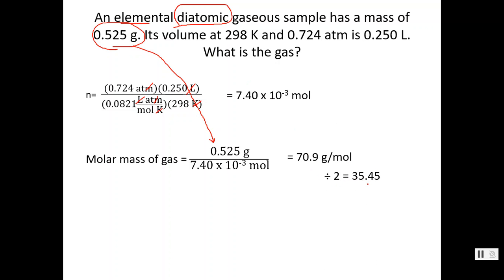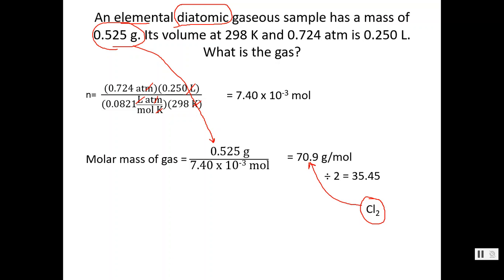Now you can look at your periodic table and say, which element is closest to 35.45? Oh, that's going to be chlorine. So our unknown gas is going to be Cl2. And when you calculate the molar mass of Cl2, you should get 70.9 grams per mole.